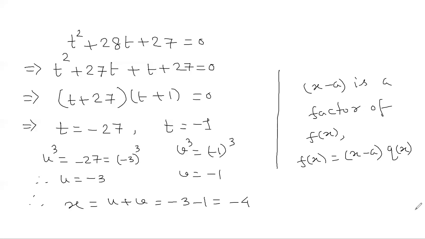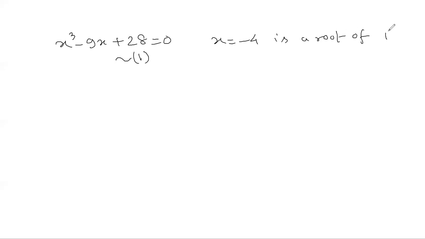So here the given equation is x cubed minus 9x plus 28 equal to 0, and you have obtained one root of this equation to be x equal to minus 4. Okay, so x equal to minus 4, this is our equation 1, is a root of the given equation 1, right?